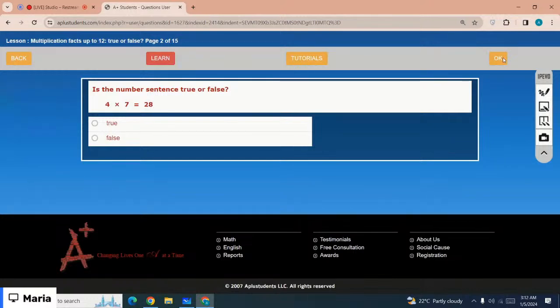Sentence true or false? 4 times 7 equals 28. Which is the correct option? Yes, it is true. Very good. 4 times 7 equals 28. That is true.